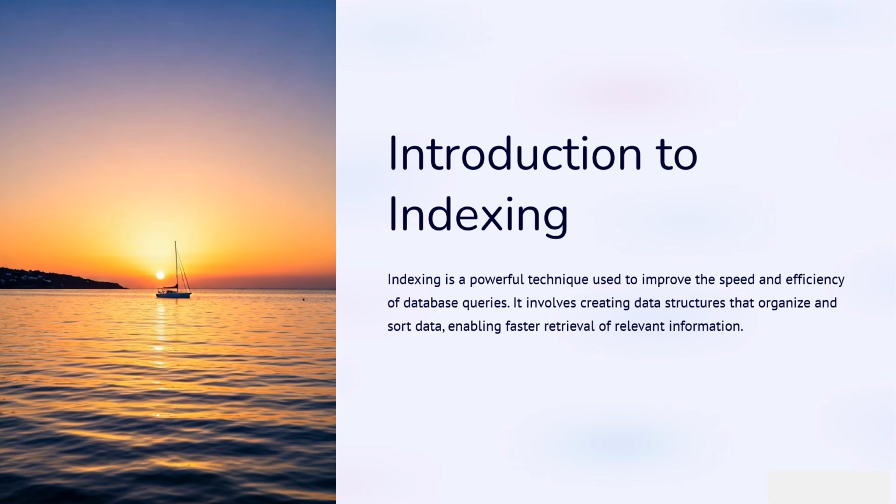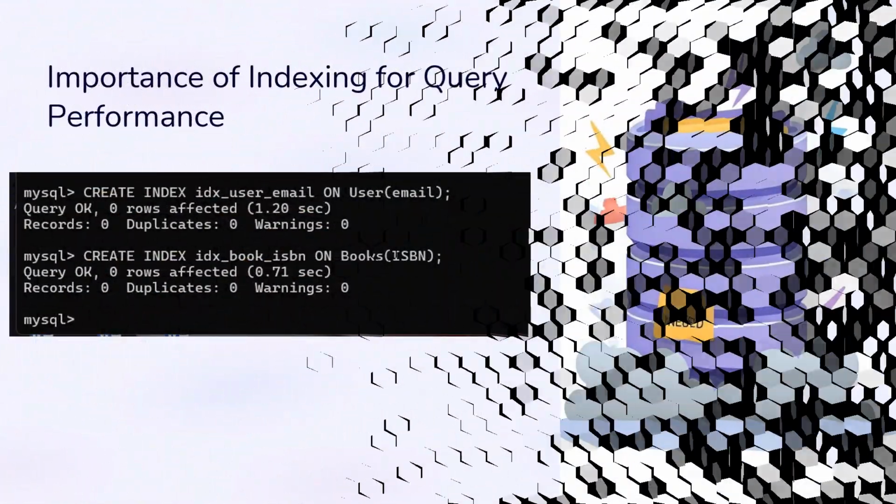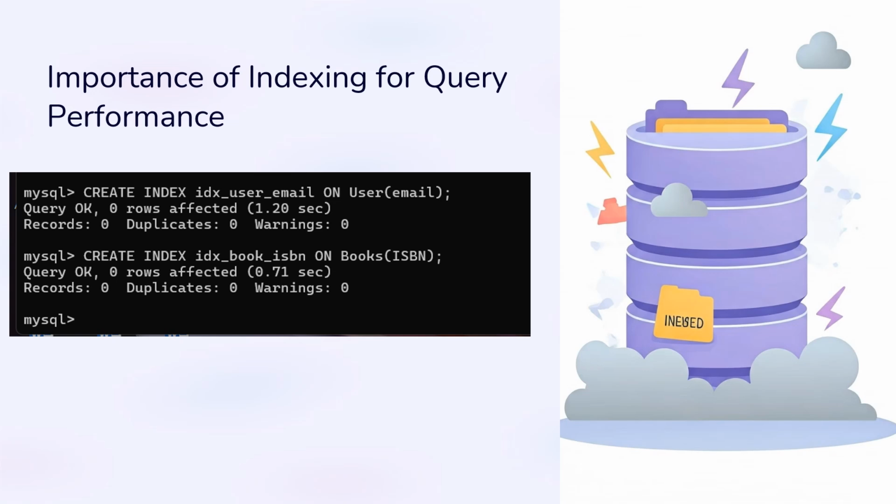Good afternoon. Just as my colleague has introduced indexing and the importance of indexing for querying performance, the syntax is: create index idx_users_email on users, and then create index idx_books_isbn on books.